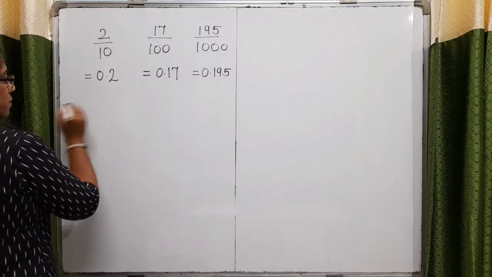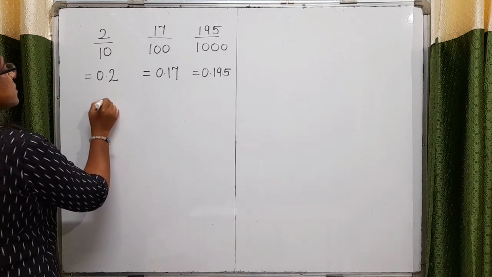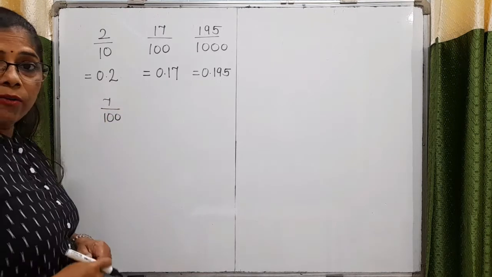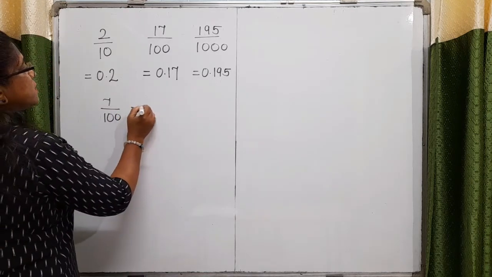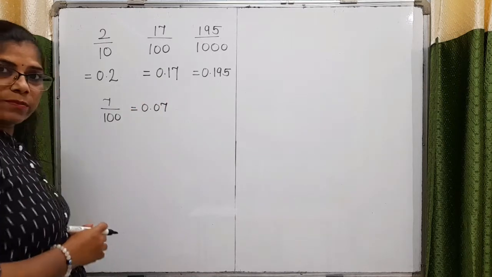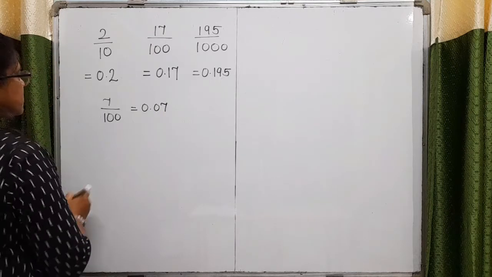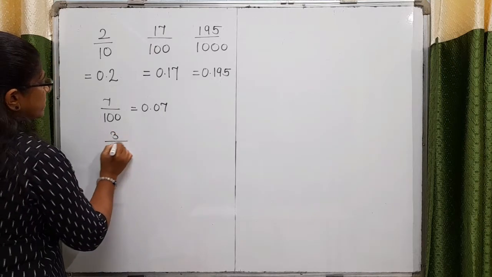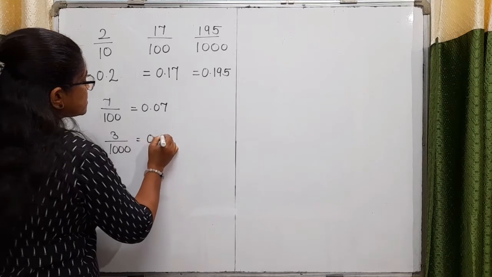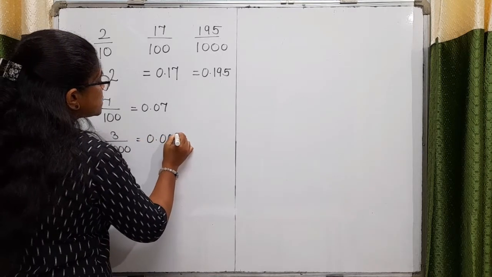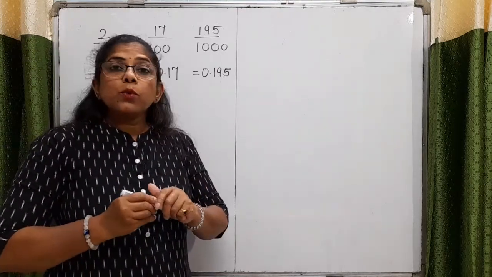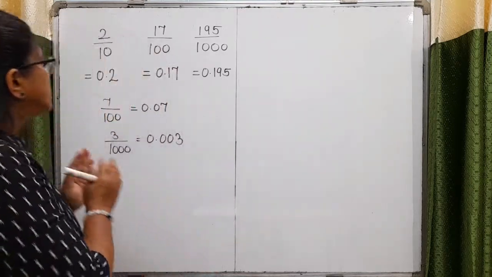Suppose the fraction is 7 out of 100, this is written as 0.07. If it is 3 out of 1000, this is written as 0.003.